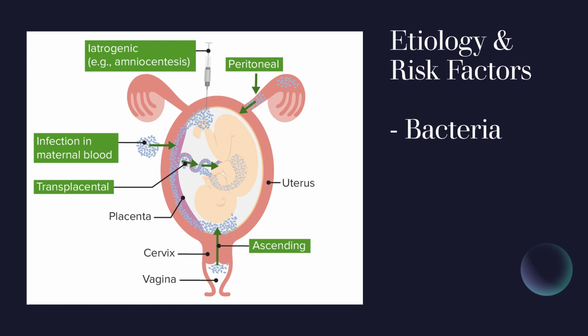Those who are at most risk include women who are undergoing their first pregnancy, women who are enduring a longer labor than normal, women who have frequent vaginal exams during their labor, individuals who use tobacco products or alcohol, as well as women who have an STI or other vaginal infections.